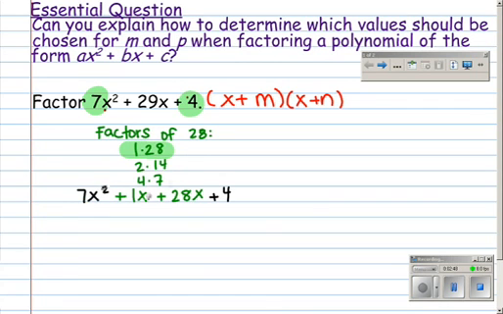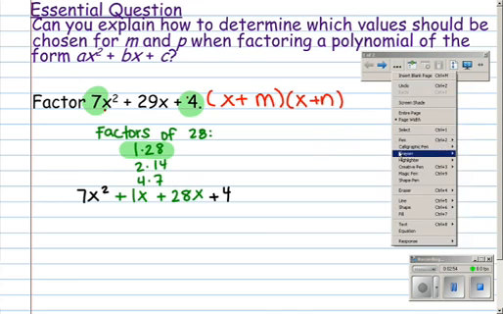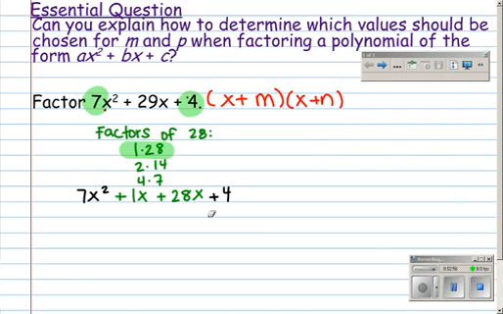Now, since this polynomial has 4 terms, we can do factor by grouping. So let's take the first two terms, 7x squared plus 1x. The greatest common factor for those first two terms would just be the letter x, because 7 and 1 don't have a common factor other than 1.